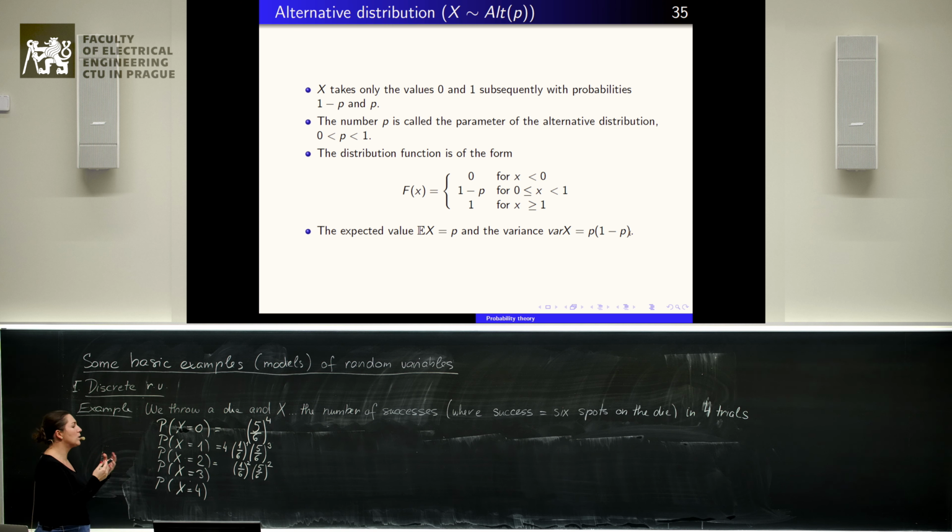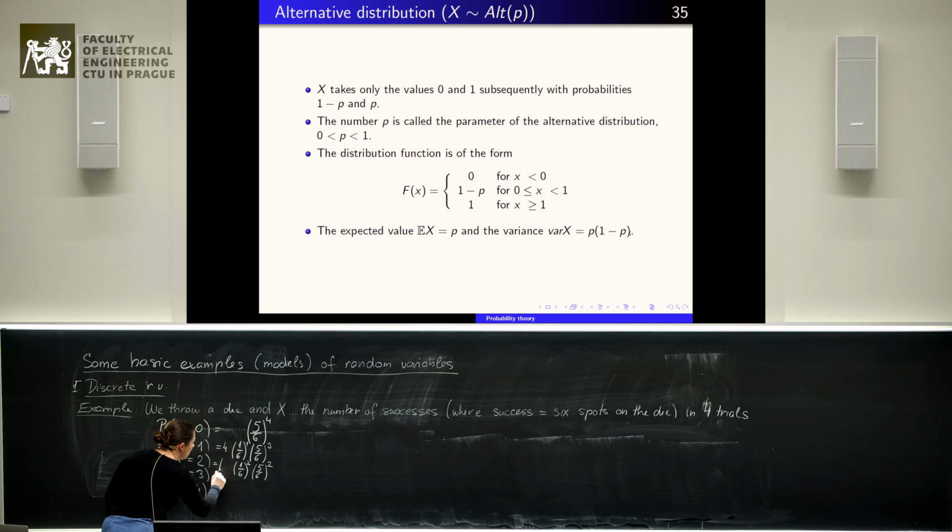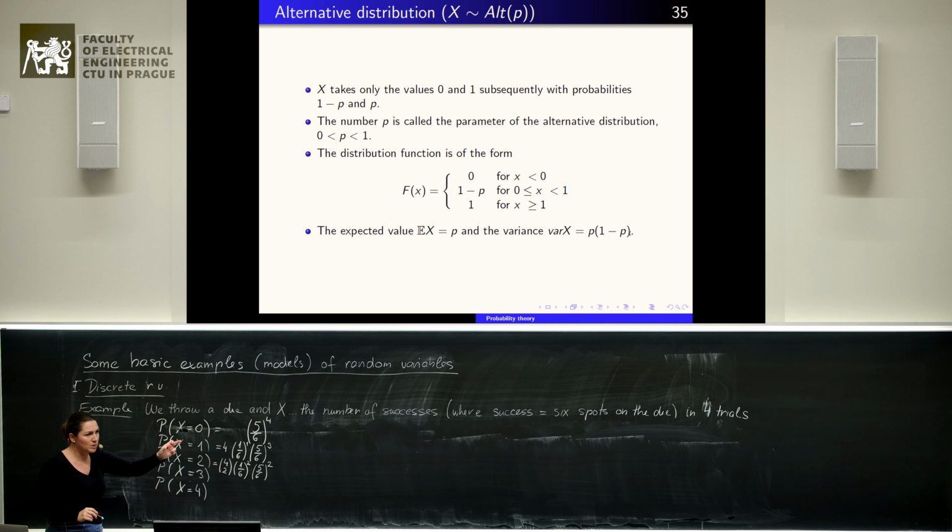So in fact, what is the number of couples of positions of successes? We have 4 trials and we care about 2 positions. So the number of couples of positions for 2 successes in these 4 trials is 4 choose 2. And the number of couples from 4 positions, from 4 elements.